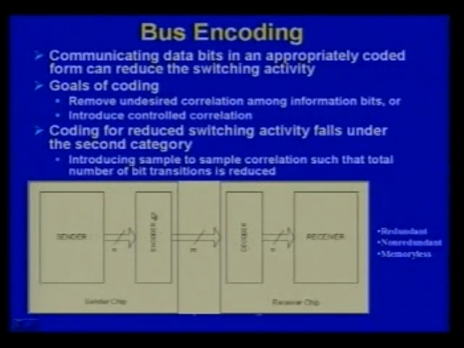Depending on the type of encoding you use, you may require purely combinational circuits for the encoder and decoder, or you may require memory to implement them, as we shall see with our examples.